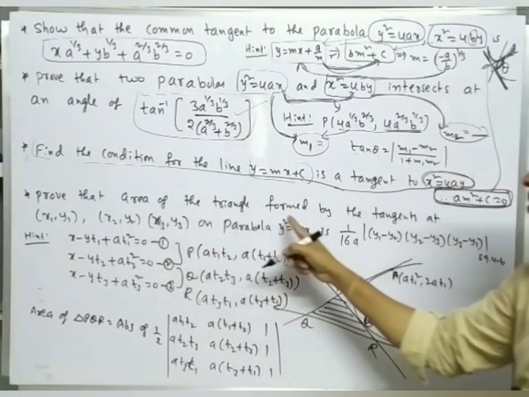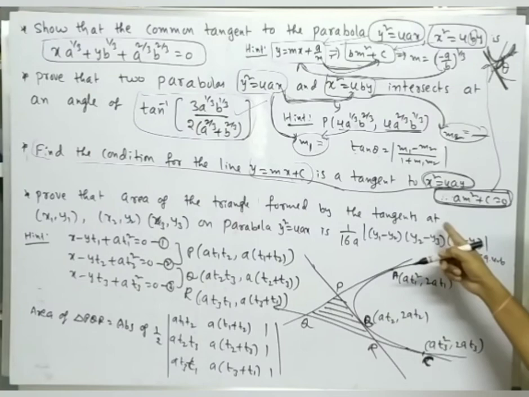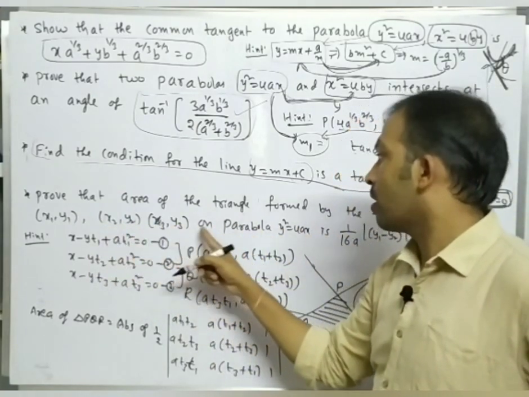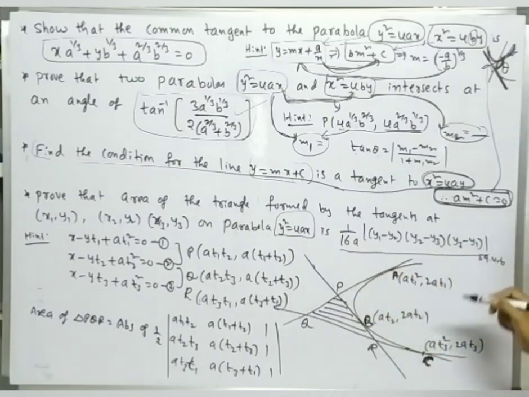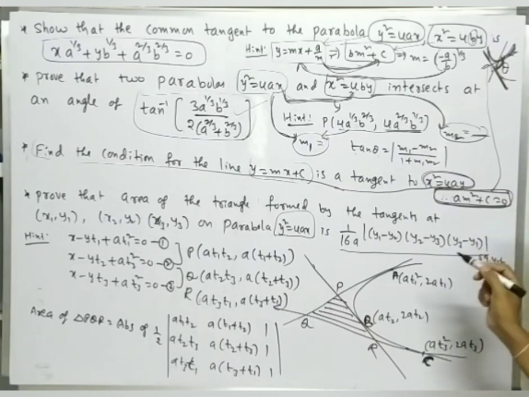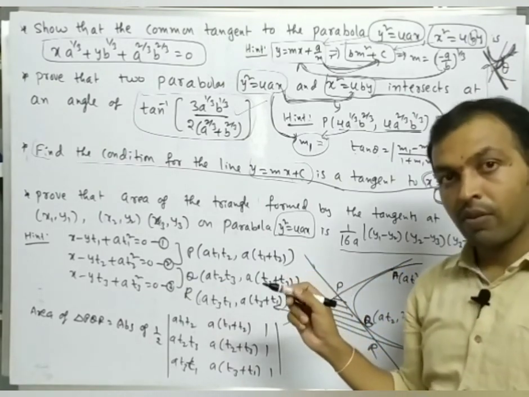Now the last problem. Prove that the area of the triangle formed by the tangents at x1 y1, x2 y2, x3 y3 on the parabola y square is equal to 4ax is 1 by 16a into modulus of y1 minus y2 into y2 minus y3 into y3 minus y1 square units. A similar problem I explained in the previous video.